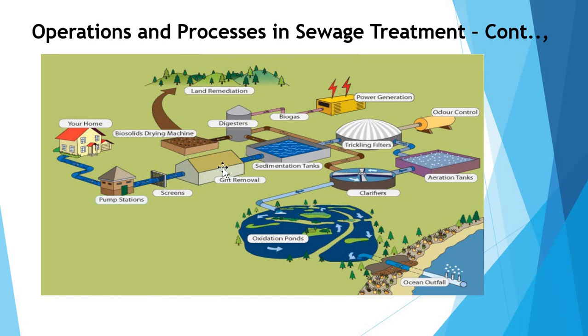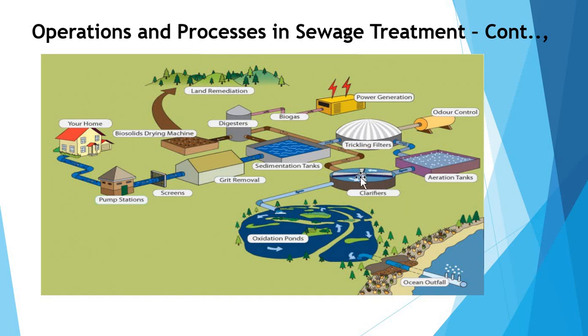These three processes are called primary treatment, and after the sedimentation tanks, the water enters the trickling filter or the aeration tanks. These treatment units are called aerobic treatment processes, and after these processes the water is given some rest in the clarifiers, in which all the solid particles are given time to settle down.